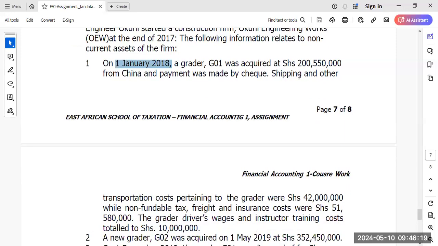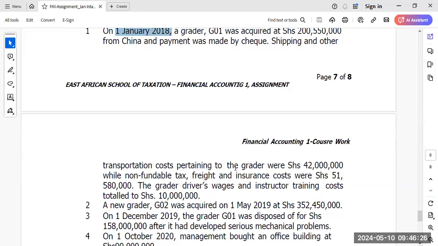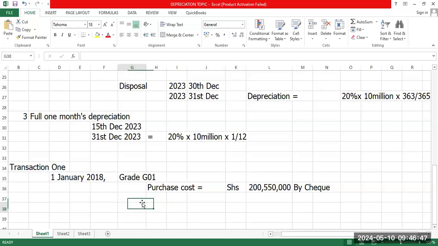Next, they are telling you, still on transaction 1, shipping and other transportation costs pertaining to the grader. Also record what you have here, because you will incur this cost.